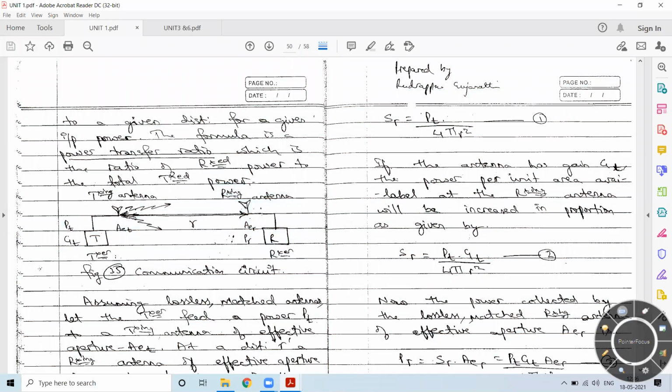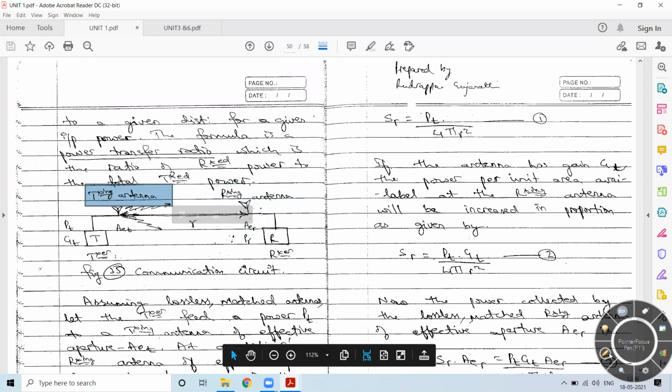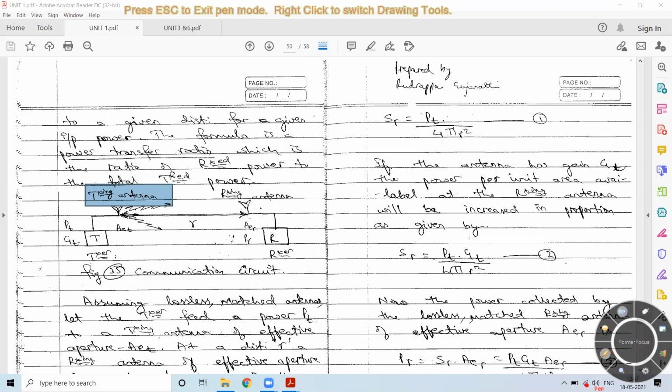In this case, we need to consider a few parameters of the antenna. We came across many aspects like directivity, gain, and the radiation pattern, and all these aspects come into play. Now we assume some ideal conditions and look at the relation between PR and PT, that is, the received and transmitted powers respectively.